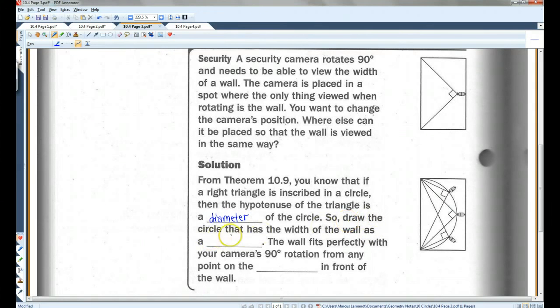So draw the circle that has the width of the wall as a diameter. And they're actually nice enough to draw it for us. The wall fits perfectly with your camera's 90-degree rotation from any point on the semicircle in front of the wall. So you could place the camera at any one of these 3 points and you can still get the whole wall.